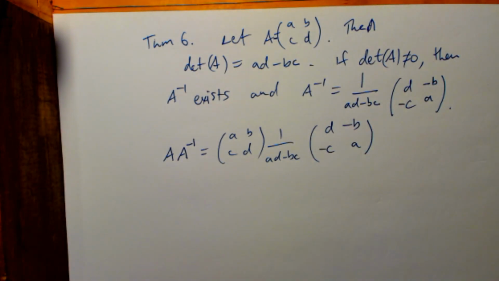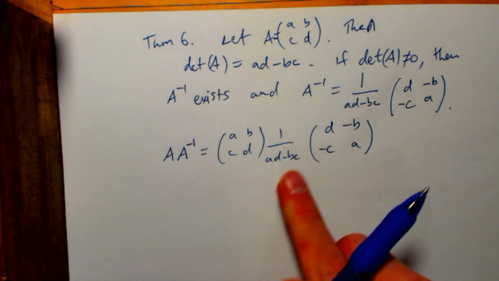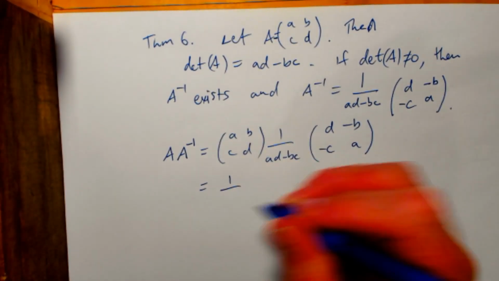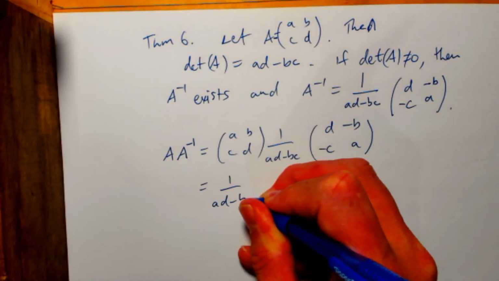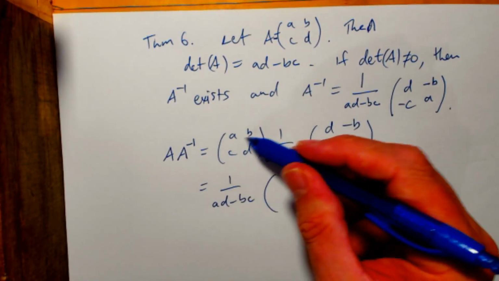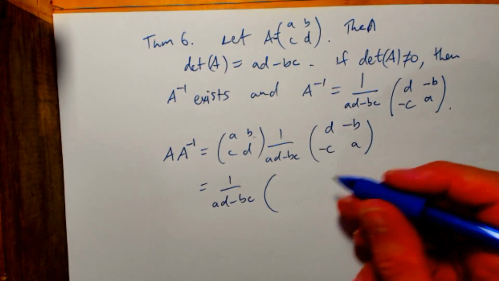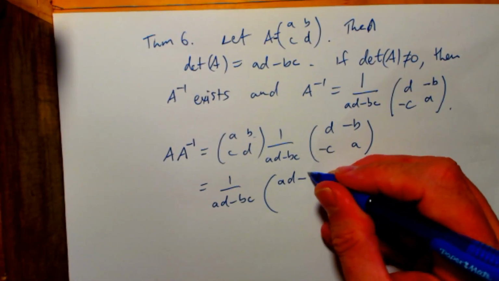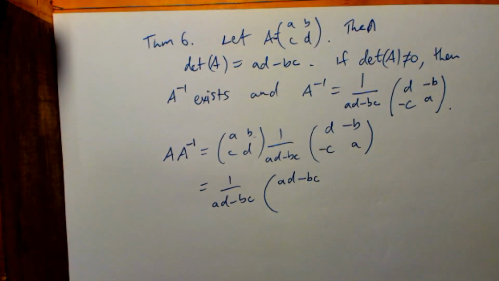Since the determinant's non-zero, this is a number, so we can move this out the front, and then multiply this by this, and so we get A times D minus B times C.